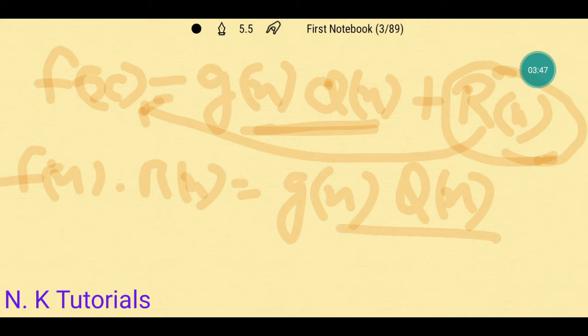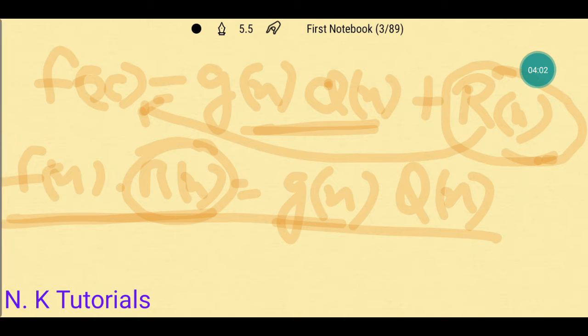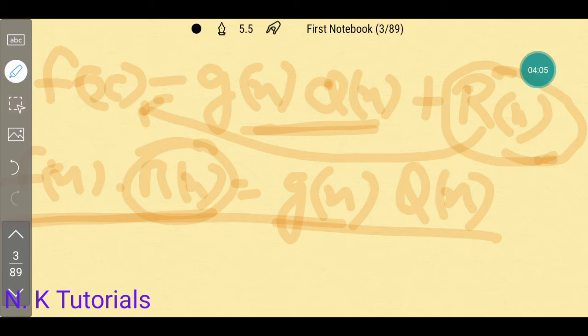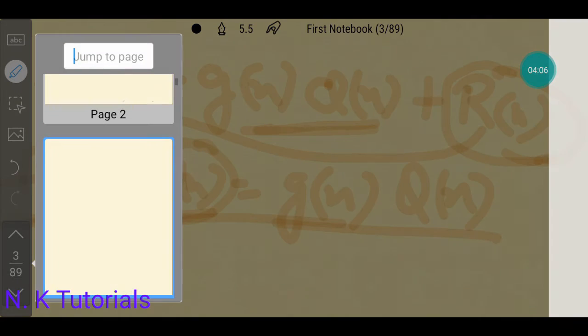This statement tells that the function will become totally divisible if this part is subtracted. Let's see what happens.